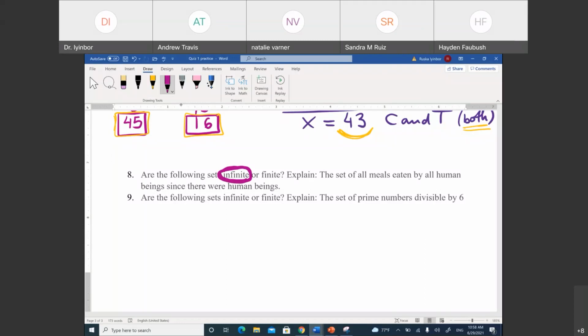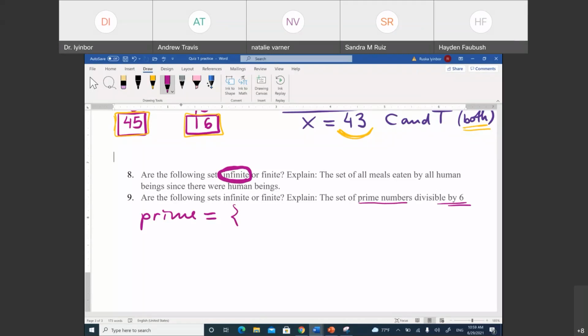We have the set of prime numbers divisible by 6. You know the prime numbers are infinite, but divisible by 6. Let's see. So here we're going to find the set of prime numbers. Which are the prime numbers? The numbers divisible only by 1 and itself, right?